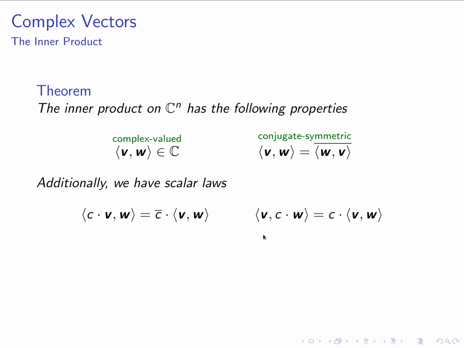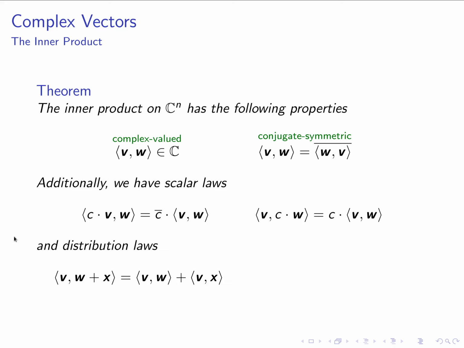But we don't conjugate the second entry into an inner product, so we can factor scalars out of the second entry in the inner product. v inner product with c times w is the same thing as c multiplied by the inner product of v with w. So this is almost exactly like the dot product, except in the dot product, we never have to worry about conjugation.